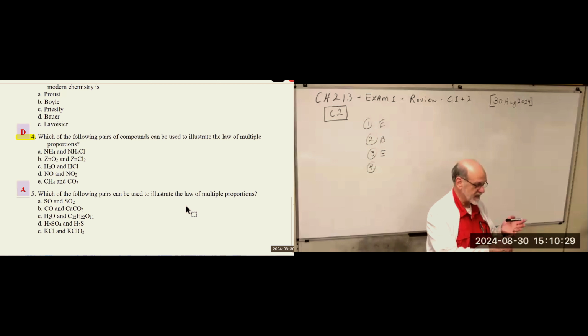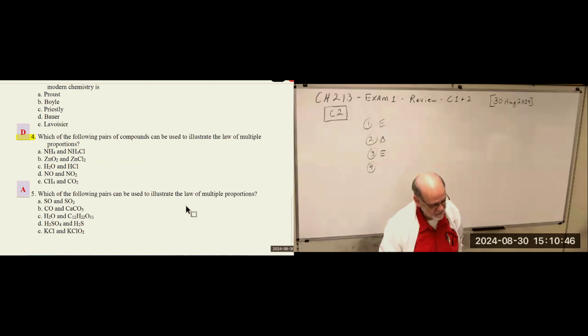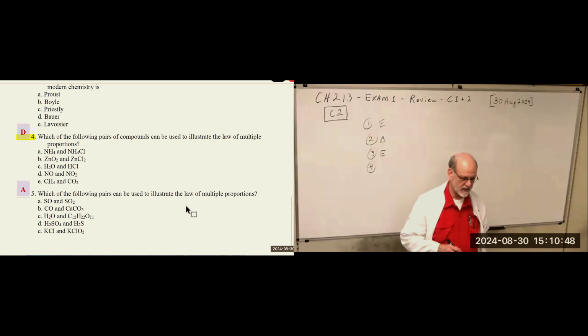So you have to have the same 2 elements together to take advantage of this law, and one has to vary by a whole number multiple from the other one. The only one that fits that in that group is D, nitrogen monoxide and nitrogen dioxide.